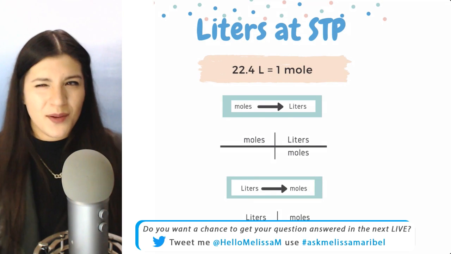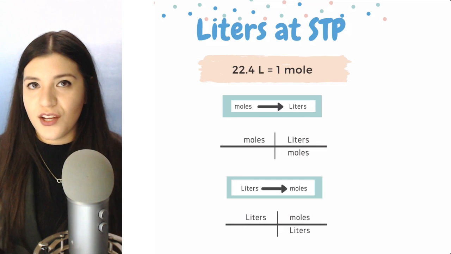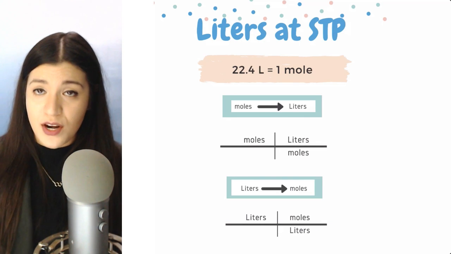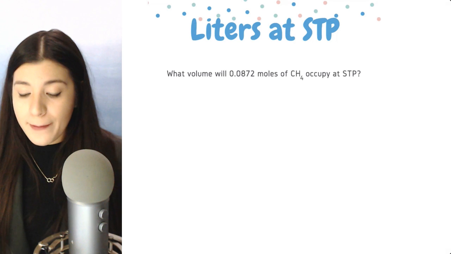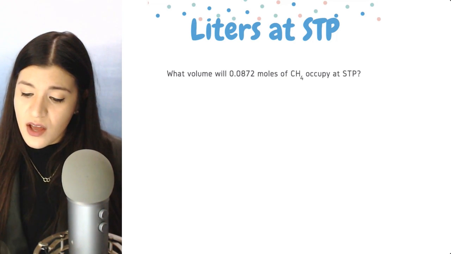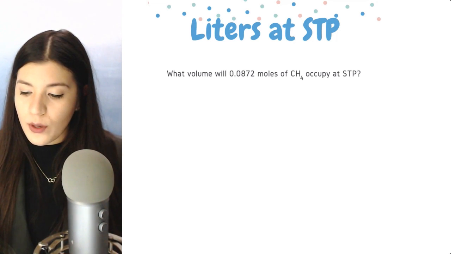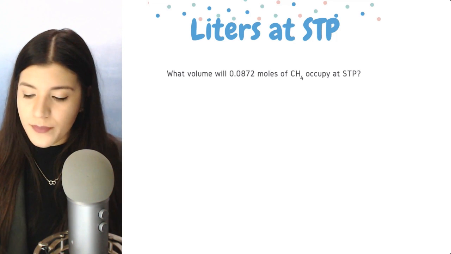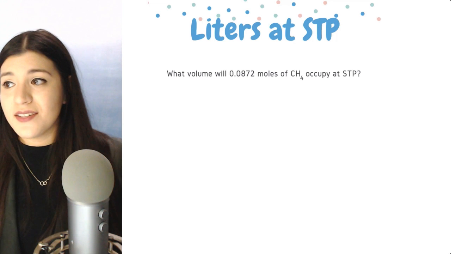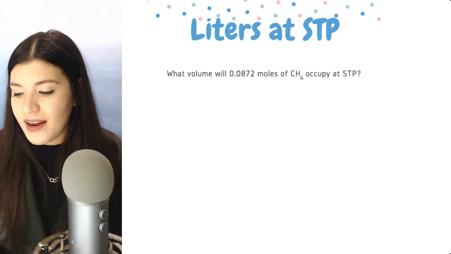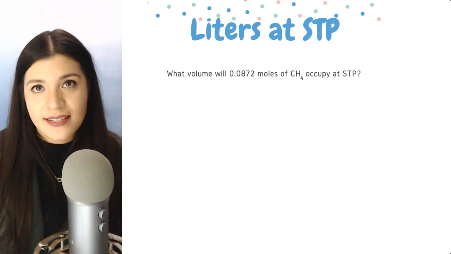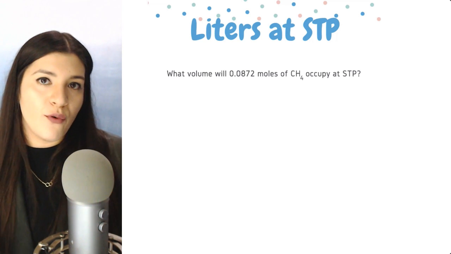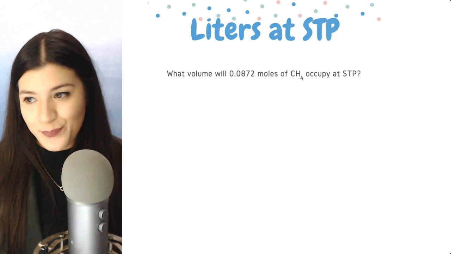So I think we're starting to see that pattern where you're always aligning your units so they can cancel to get to what you actually want. Okay, so let's say we had something like this, where it's asking what volume will 0.0872 moles of CH4 occupy at STP. A key thing to note is that STP is the hint that you have to use 22.4 liters is equal to 1 mole.